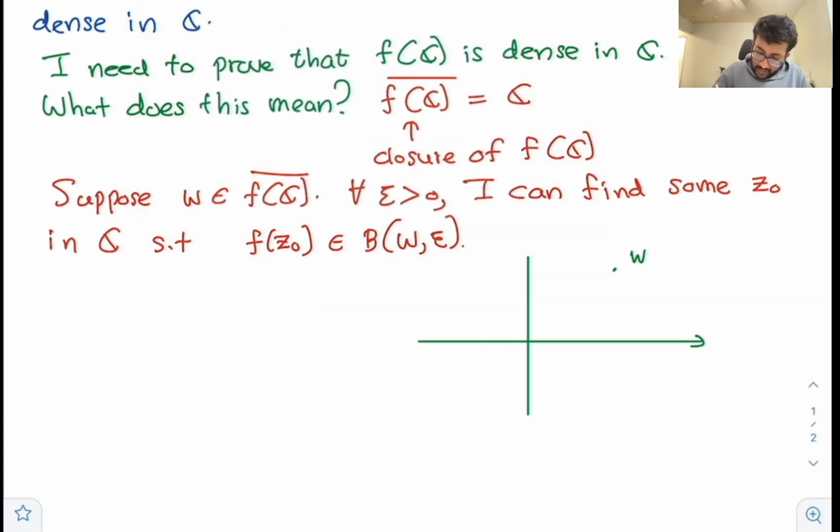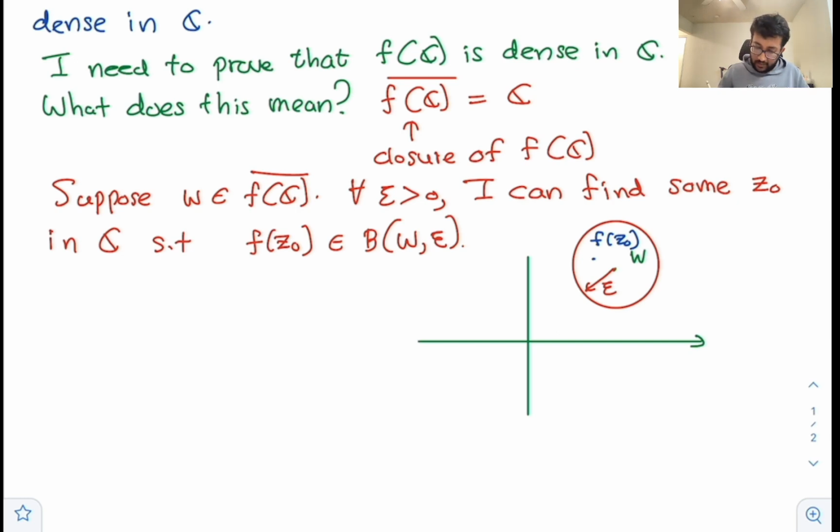If you select any disk of radius epsilon, you will be able to find some point z0 in C such that its image is inside this disk. This is the idea. Now I have to show that the closure of f(C) is going to be equal to C.